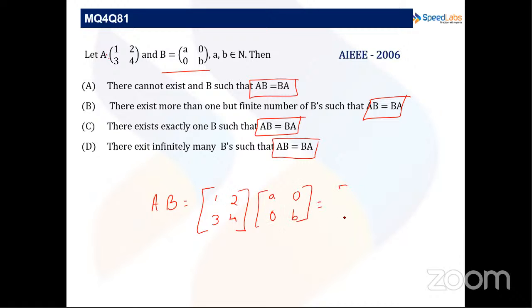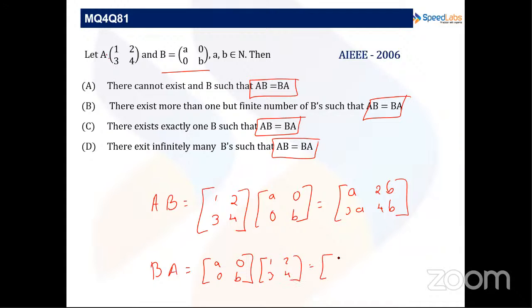So that would be A and first row, second column 2B, 3A, and 4B. And BA will be A00B 1, 2, 3, 4.